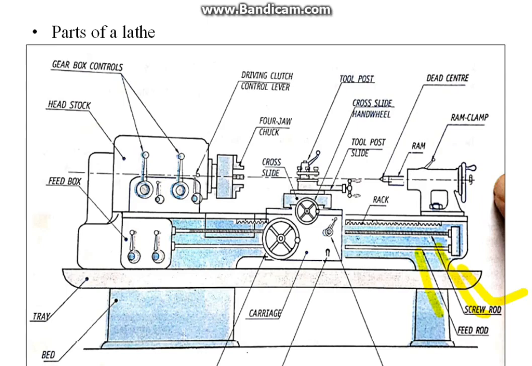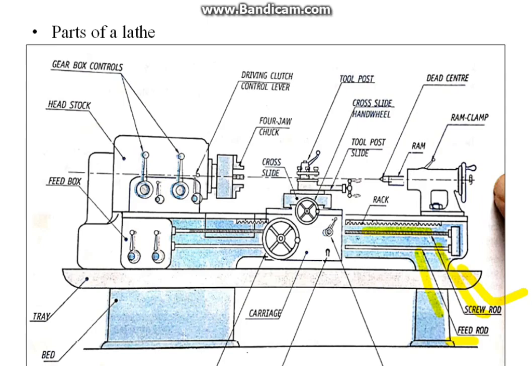Next, lead screw. It is a long shaft with square threads cut on it. The rotation of the lead screw facilitates the movement of the carriage during thread cutting operations. Next one is feed rod.